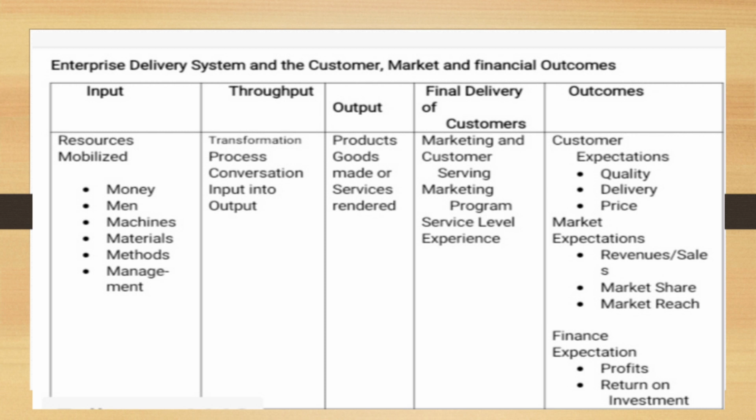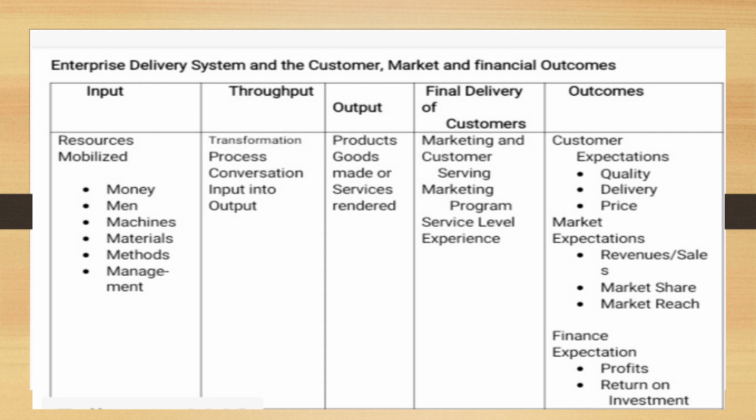Of course, money refers to the funds that are needed in the production or in the operation. And we have the men. This refers to the workers who work in the business. Then we have the machines, and these are the equipment or machines that will be used to produce a certain effect.